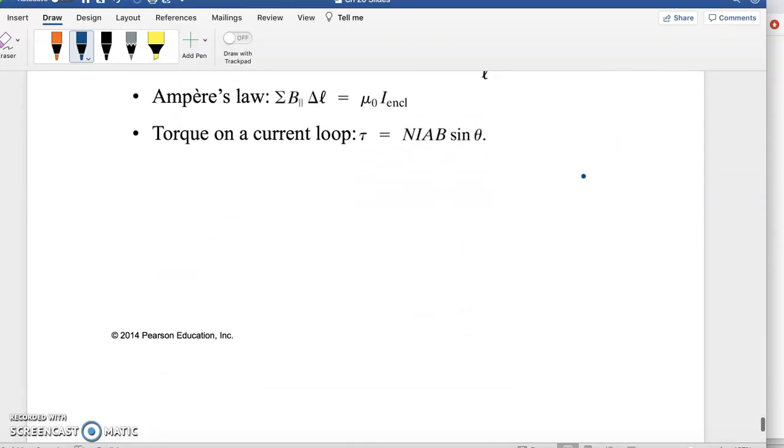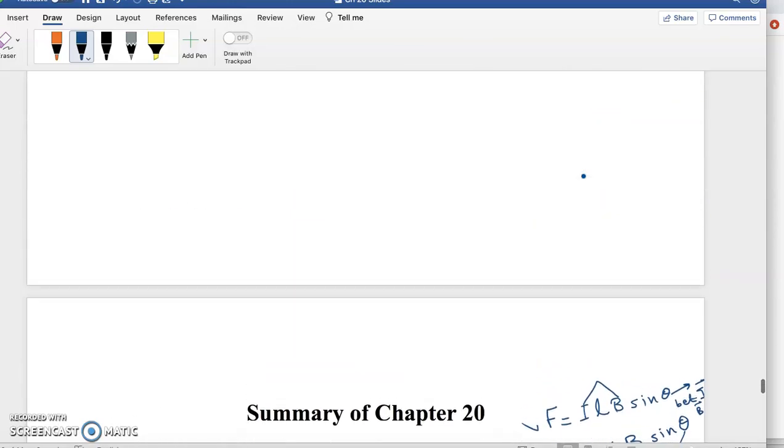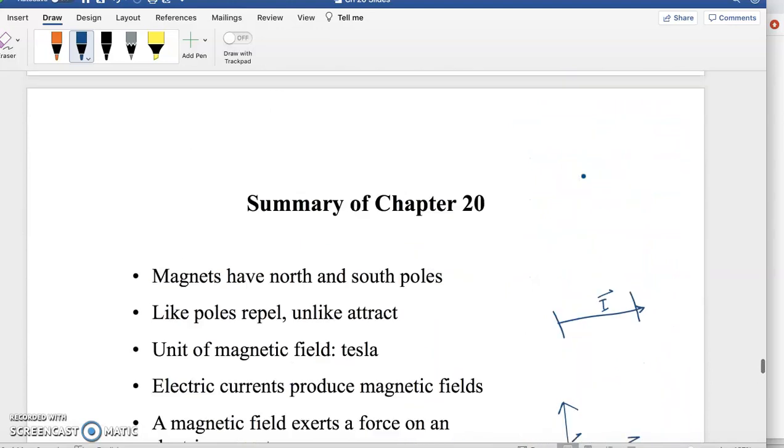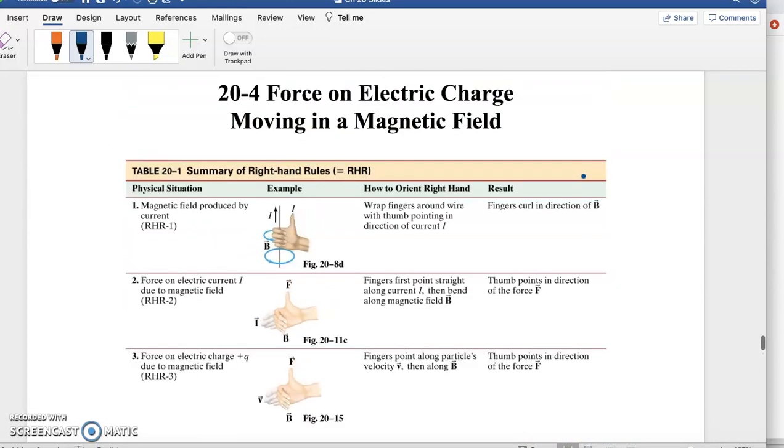I will skip those. Okay, now let's go back to the beginning of the chapter. So these are the two very important formulas. Now, I know I am going from the end of this file or document till the beginning. I am not starting the traditional way from the first page till the last, because I know we talk about it in the class.